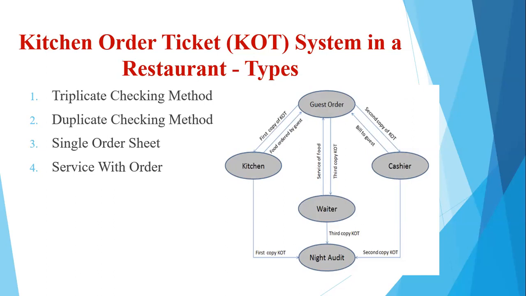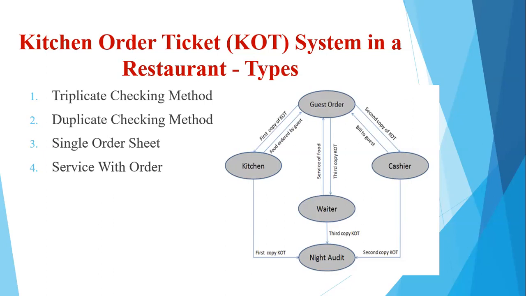Now, once the waiter picks up the order, then the KOT copy is dropped into the control box. This control box is always kept locked. The control box is maintained by the Food and Beverage Control Department to prevent any kind of fraud or malpractice.